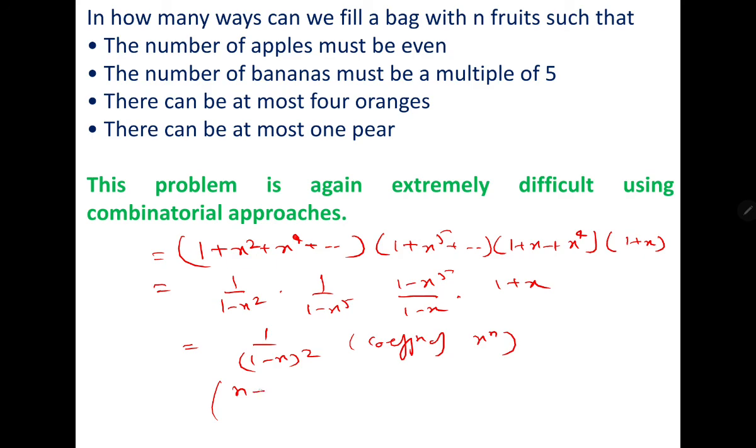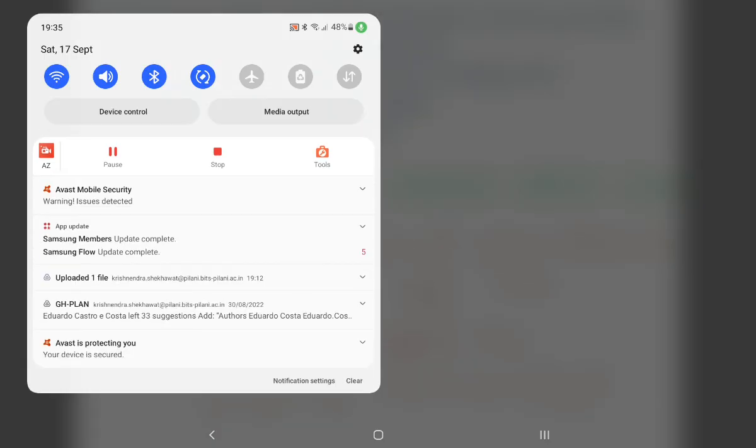So n plus 2 minus 1 choose n, which is C(n plus 1, n), which is C(n plus 1, 1), which is n plus 1. So in n plus 1 ways this distribution can happen. You can see that using the generating function the problem is very easy to address in comparison to the combinatorial techniques. Thank you.